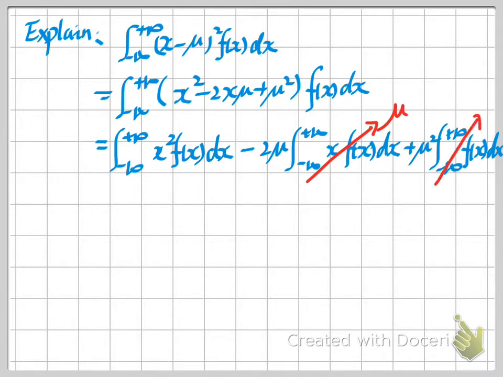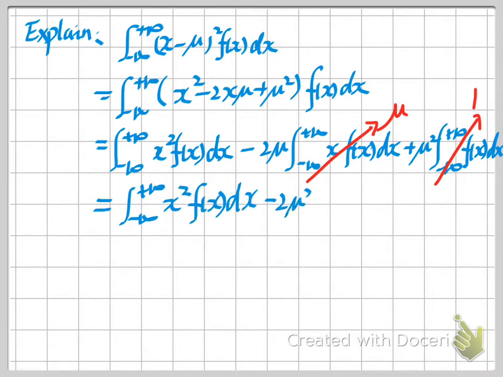And then the third term is just the integral of our PDF from negative infinity to positive infinity. So this is equal to 1, right? This is by the axiom of probability. And so when we have this, we can rewrite our formula like this. Here we will find the second and third terms cancel one of the means with each other.